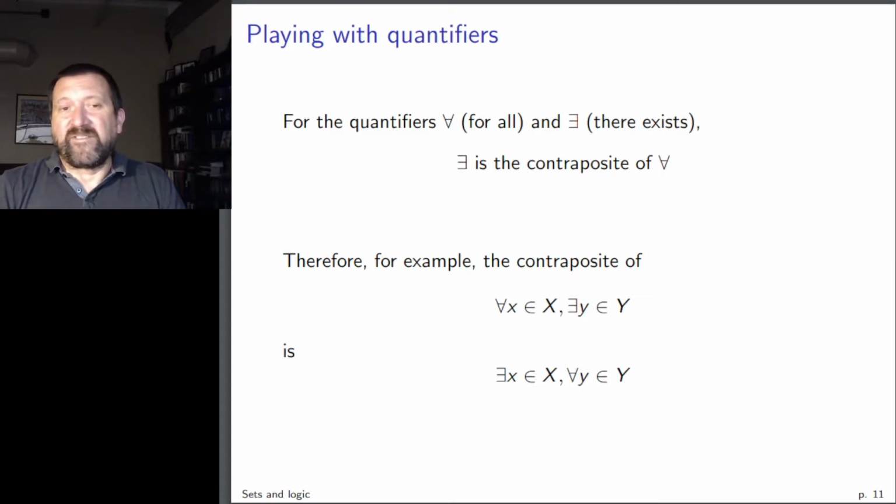You might have seen this in first year calculus, because it comes up when you define continuity or limit. If I say for all x in X there is a y in Y, and I take the negation of this expression, that negation is there exists an x in X such that for all y. So you're switching one for the other.